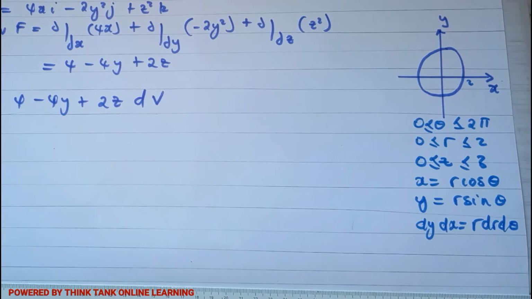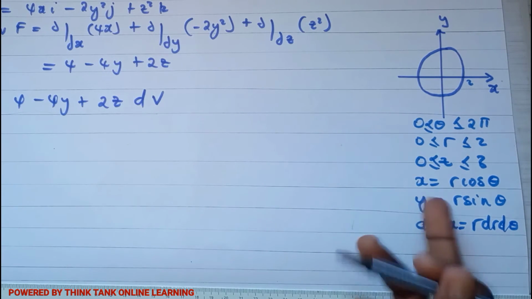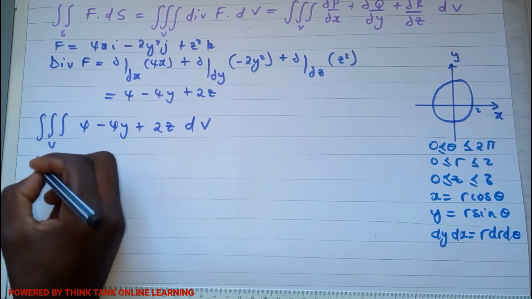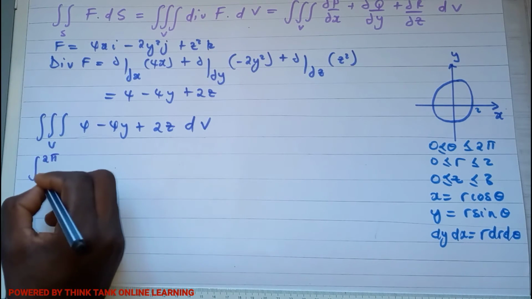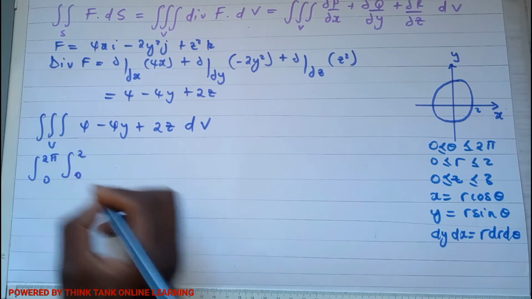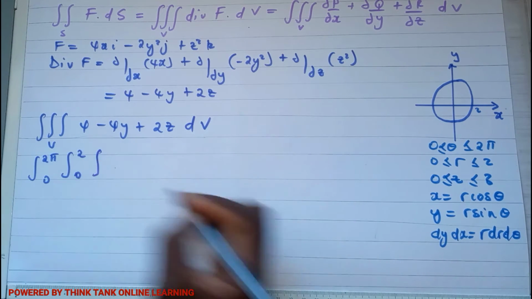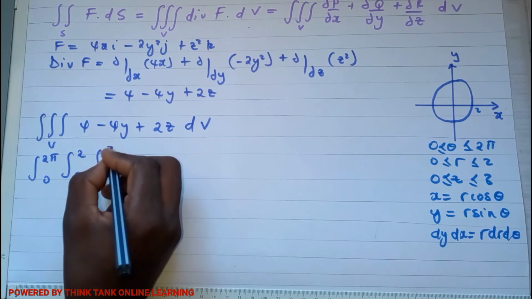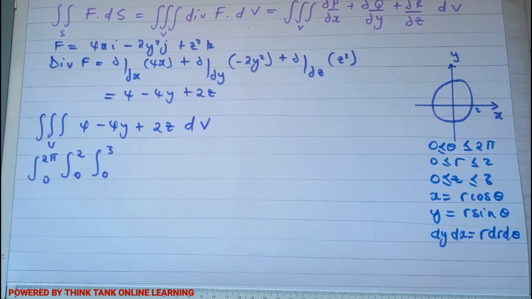Now I'm going to plug in these limits: 0 to 2π for the angle theta, 0 to 2 for the radius, then 0 to 3 for z.